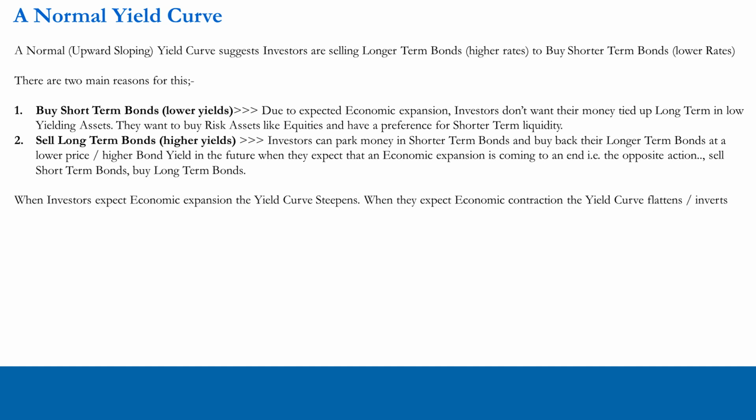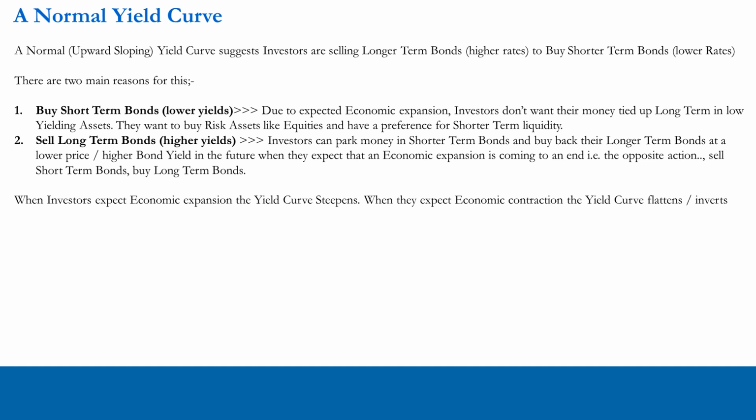So firstly, buying short-term bonds. Well, if investors are expecting an economic expansion, they don't want their money tied up long-term in low-yielding assets. What do they want to be doing if they're expecting economic expansion? They want to buy risk assets like equities, and they have a preference for shorter term liquidity.